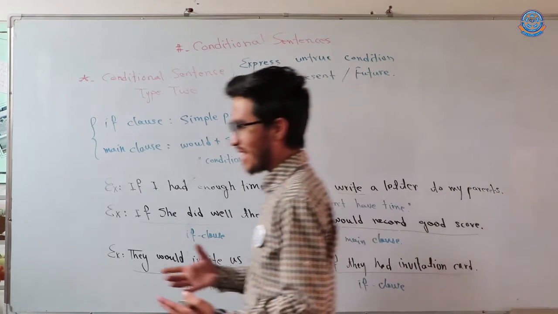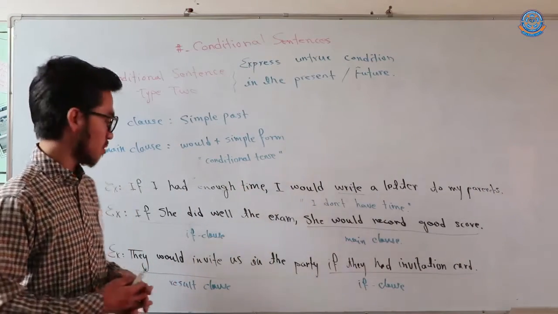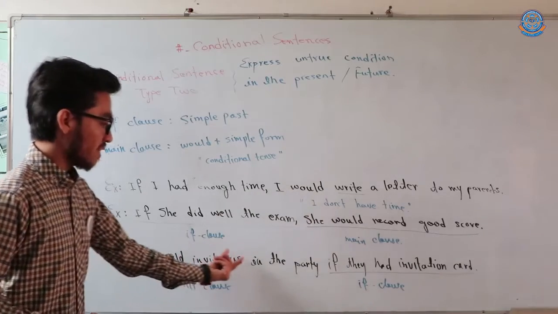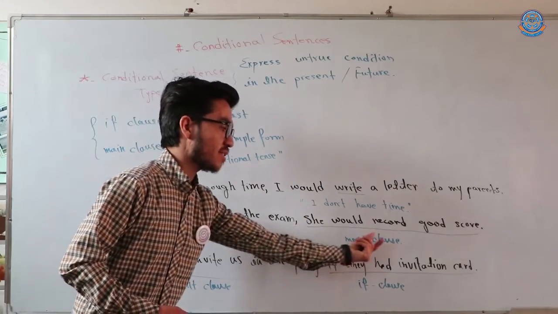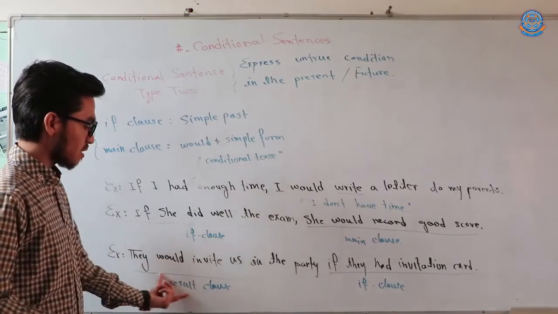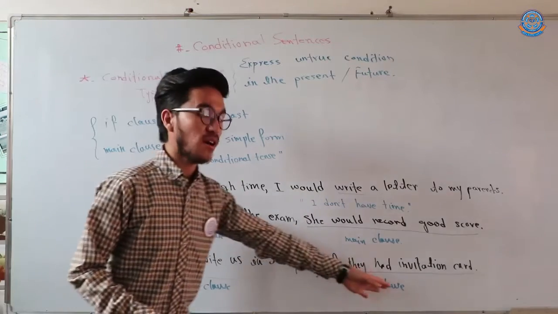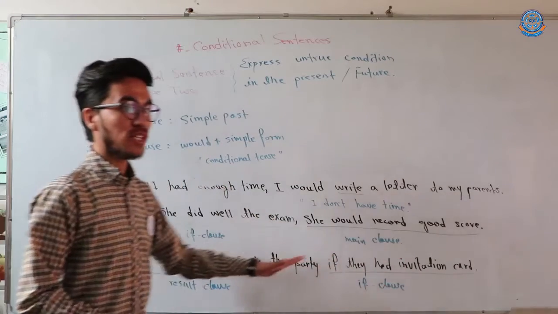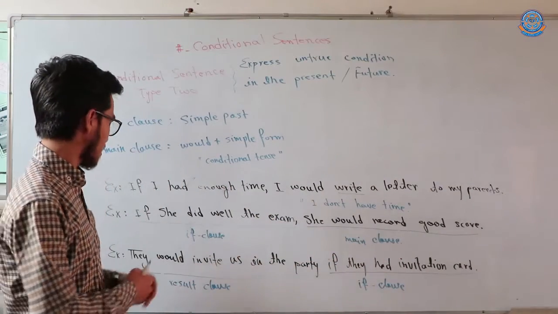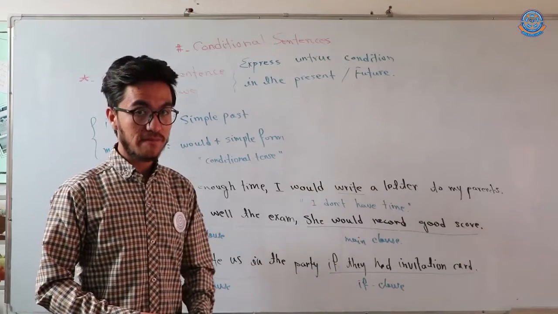What it means is they don't have an invitation card. The difference is that I am bringing the result clause first and the if clause second. So about the punctuation, there is no need to use a comma.